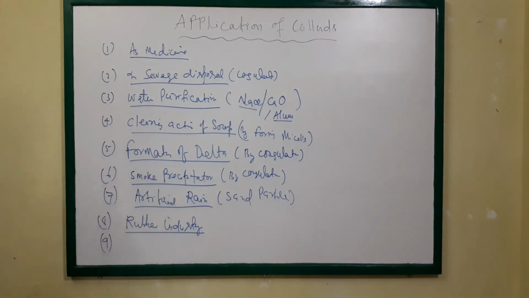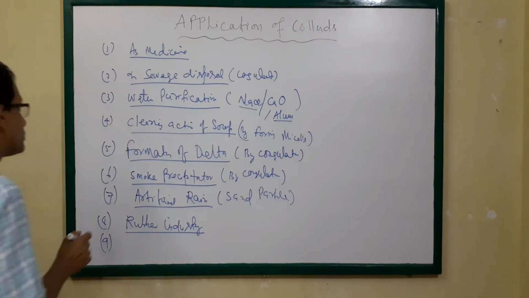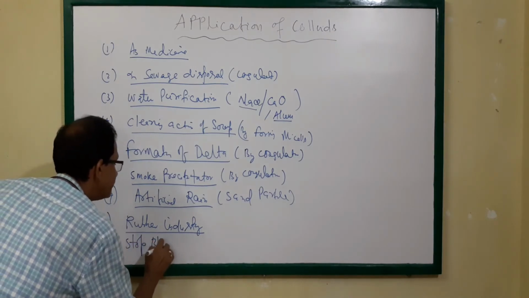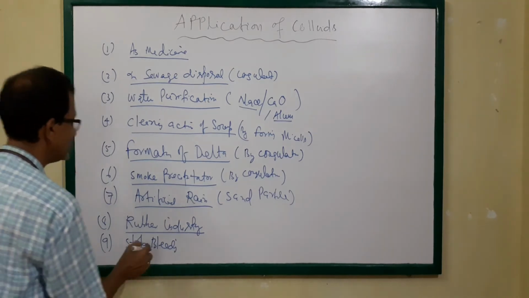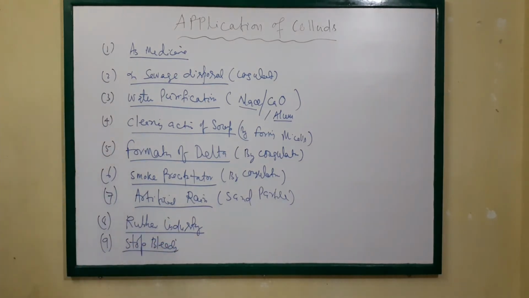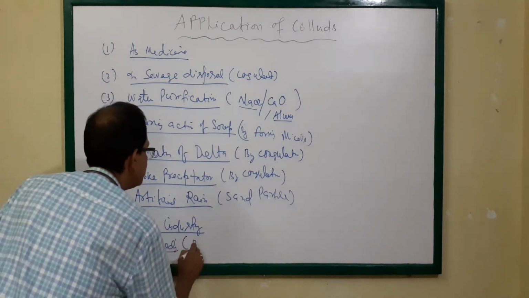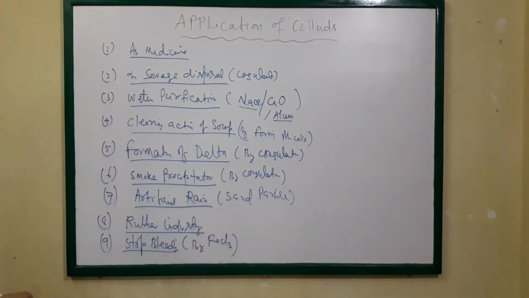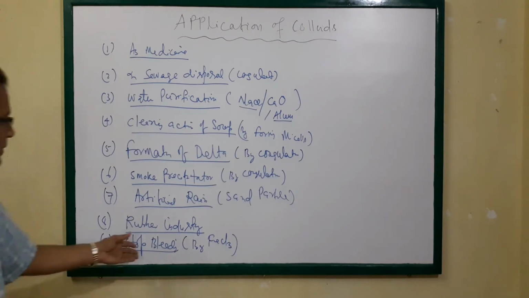The next application is stopping bleeding. That means by using ferric chloride. By ferric chloride solution, bleeding can be stopped.